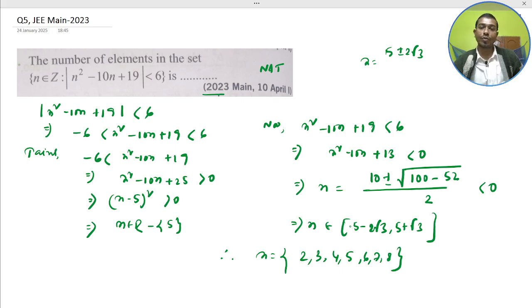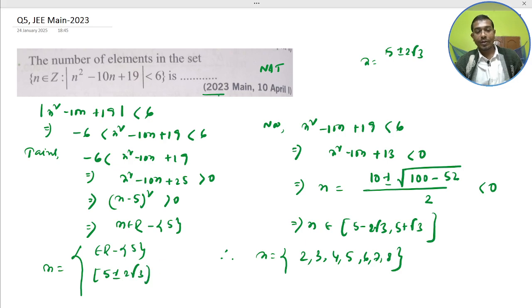So in this interval, n belongs to R minus 5 and 5 plus minus 2 root 3, with this interval these combination of sets are coming. The number of elements is what? 1, 2, 3, 4, 5, 6. So n equal to 6. 6 would be your answer.